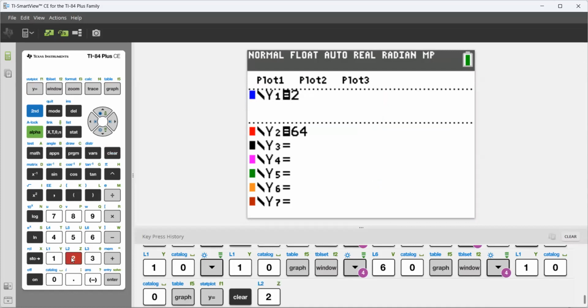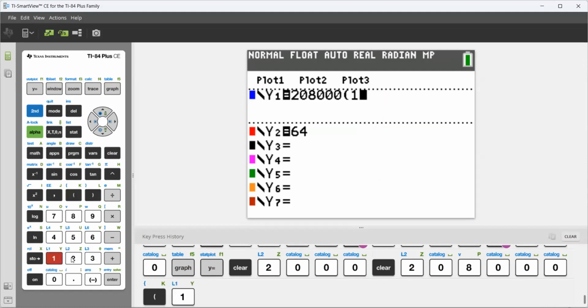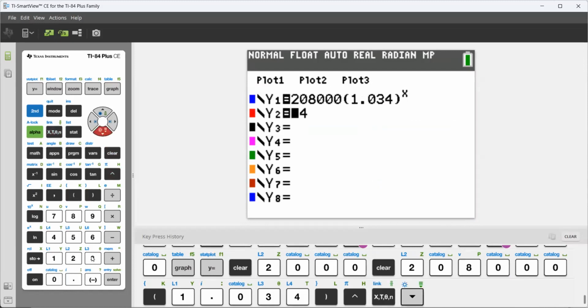208,000 times 1.034 to the power x, and then here I have 300,000.